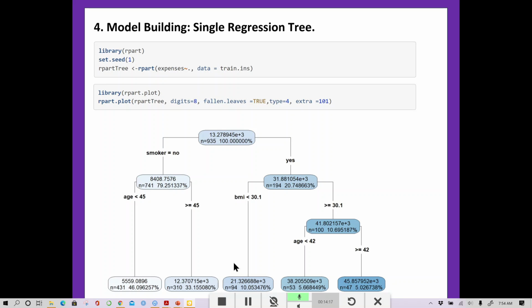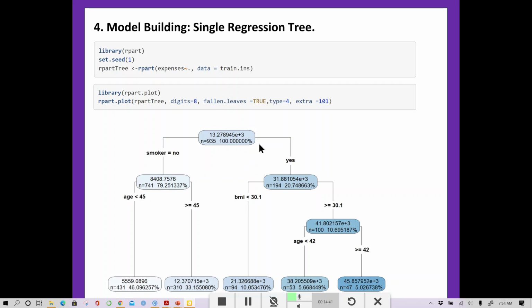There are other variables or features that this model has been able to successfully select as important in providing information about predicting the medical expenses of patients in this data set. And that includes the age of the patient and the BMI of the patient.